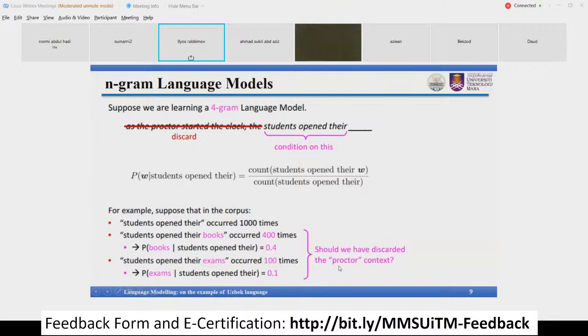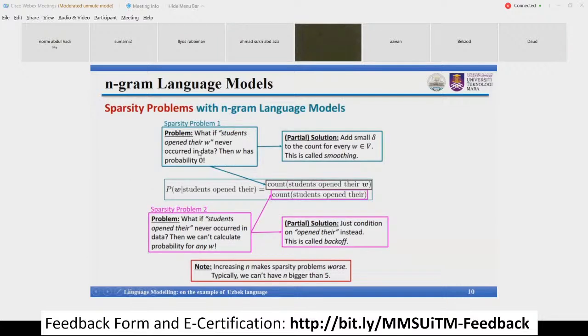Should we have discarded the proctor context? Sparsity problem with n-gram language model, first sparsity problem: what if students open their w words never occur in the data? Then the count of students open their w is 0, and then the probability is equal to 0.